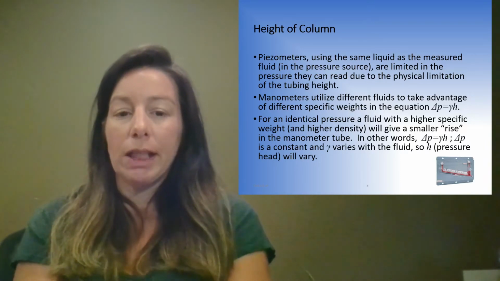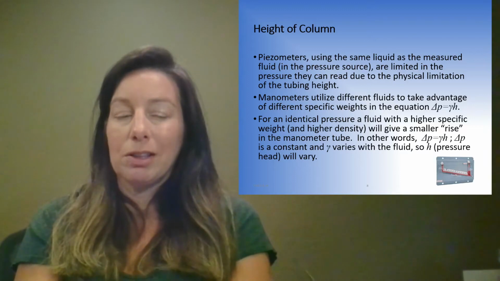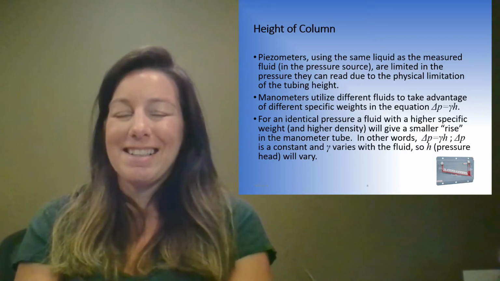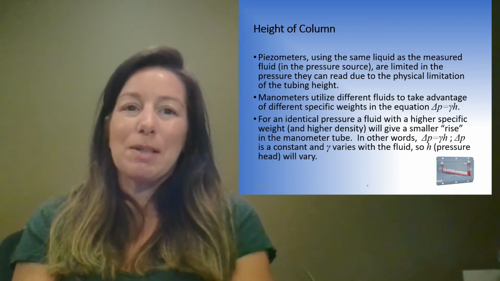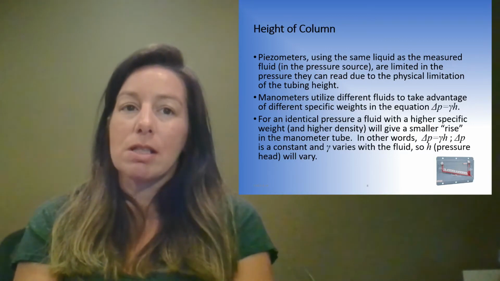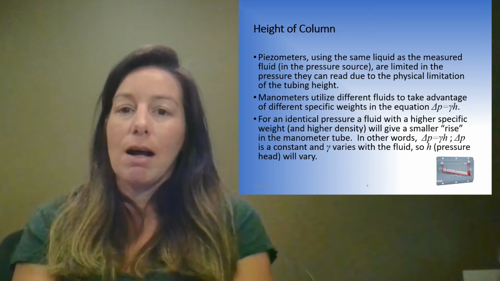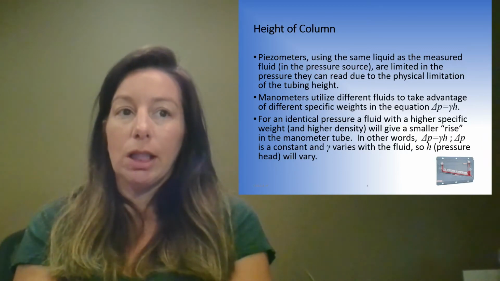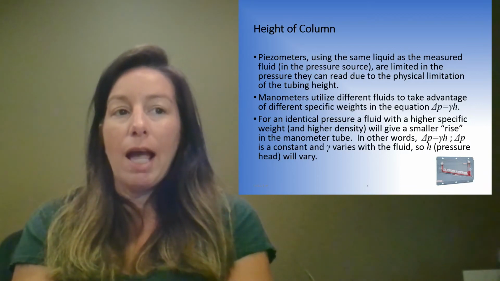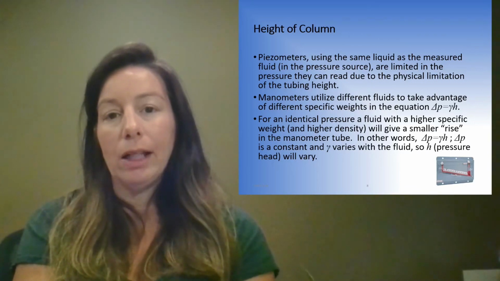In other words, the change in pressure, which is equal to specific weight times the height, is constant, and it's the specific weight of the fluid that changes. So pressure head will vary. Okay, that h, remember.